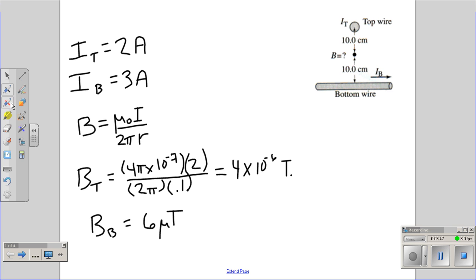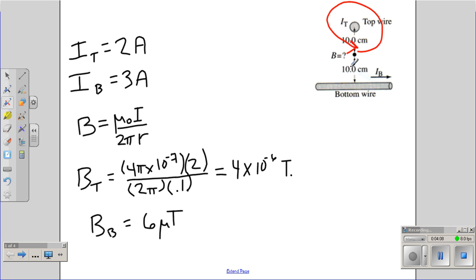So using your right-hand rule, the one where we have our thumb pointing in the direction of the current flow, and our fingers wrapping around the wire, which will show you the direction that the magnetic field is going. If we look at this top wire, and the current is pointing at you, then the magnetic field will wrap around the wire in a counterclockwise fashion.